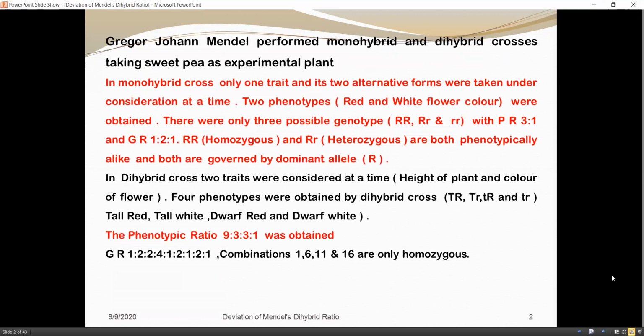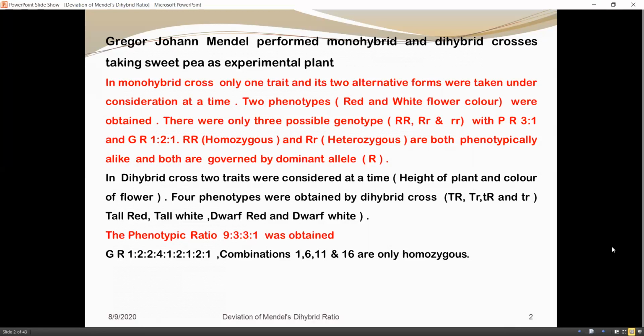Gregor John Mendel performed monohybrid and dihybrid crosses, taking sweet pea as experimental plant. In monohybrid cross, only one trait and its two alternative forms were taken under consideration at a time.